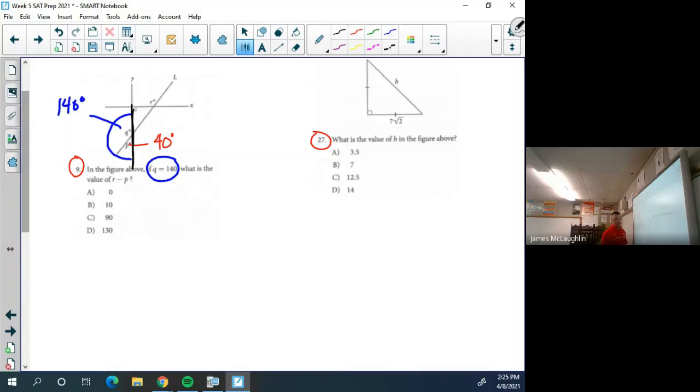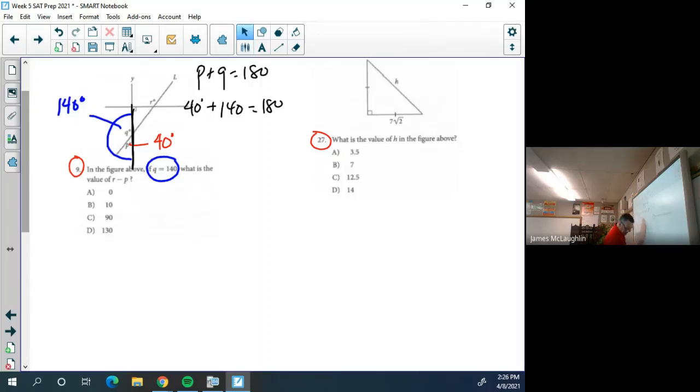That's your supplementary angle concept. So P plus Q has to equal 180, and our Q value has been given to us as 140, so what do you have to add to 140 to get 180? That P value has got to be 40 degrees.